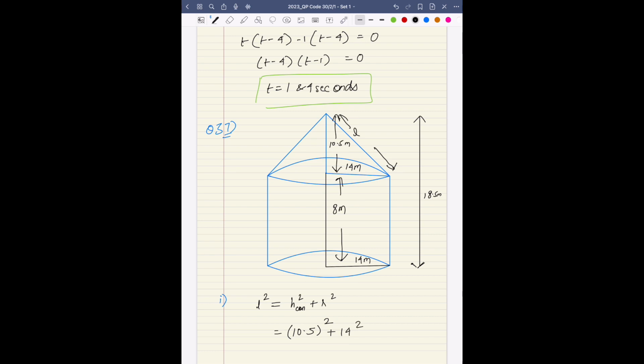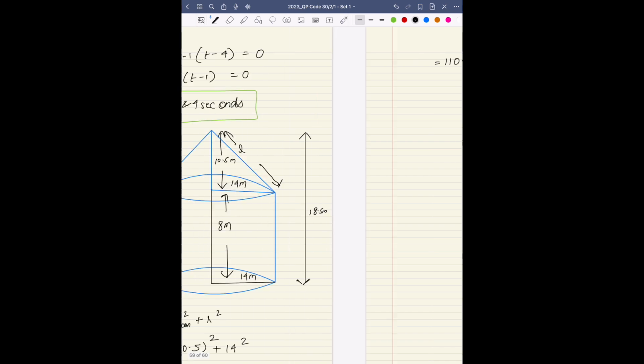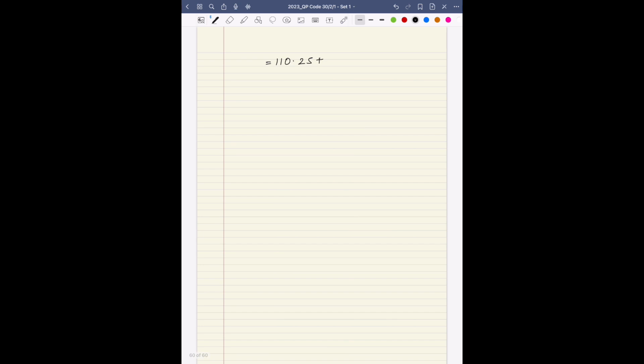Now 105 square, you can calculate 105 into 105. This is coming out to be 110.25 plus 14 square, I hope you guys remember, it is 196. Okay, add 196 over here.